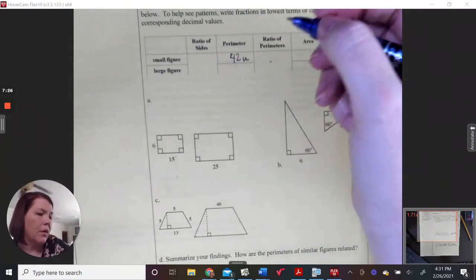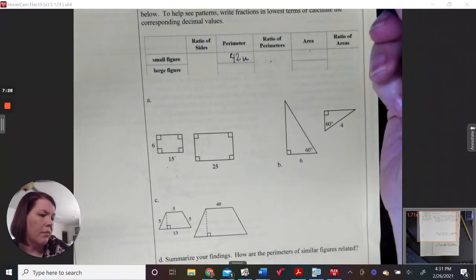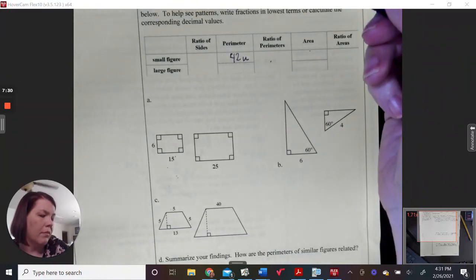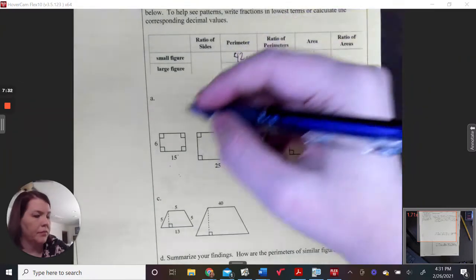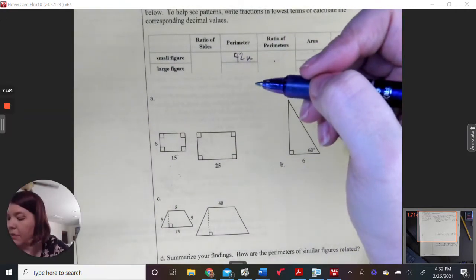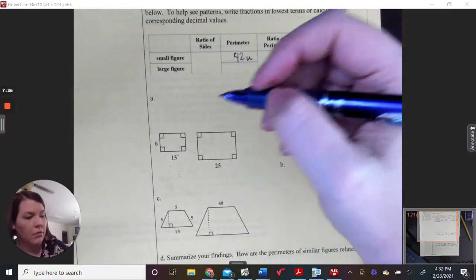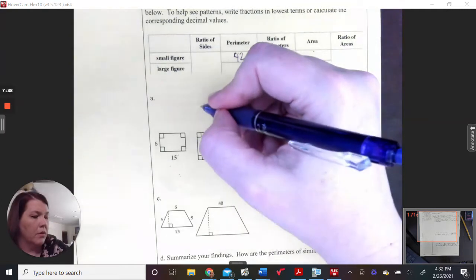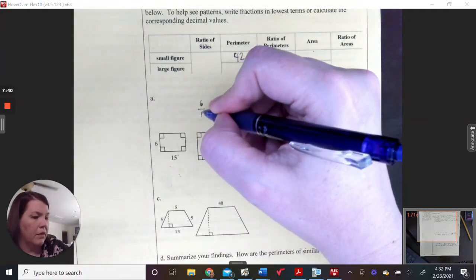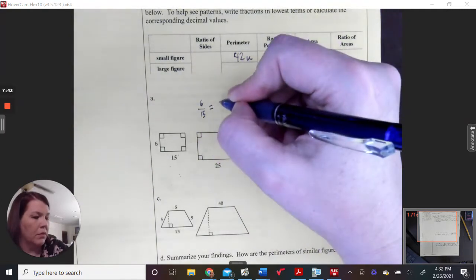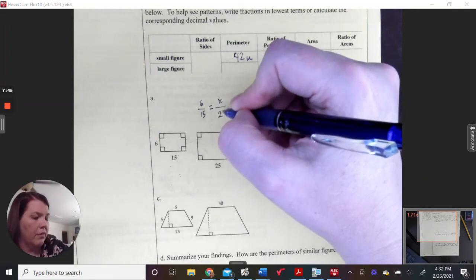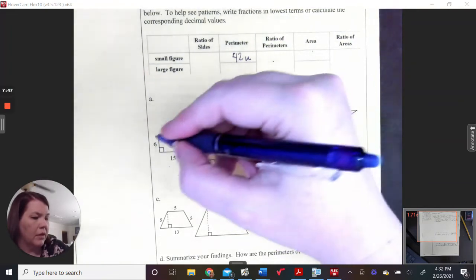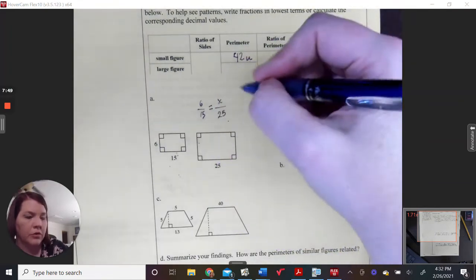And let's find that missing side. So 6 to 15 equals unknown to 25, with sides that go together in the same parts of the fraction. 6 times 25 is 150 equals 15x, and so x is 10.